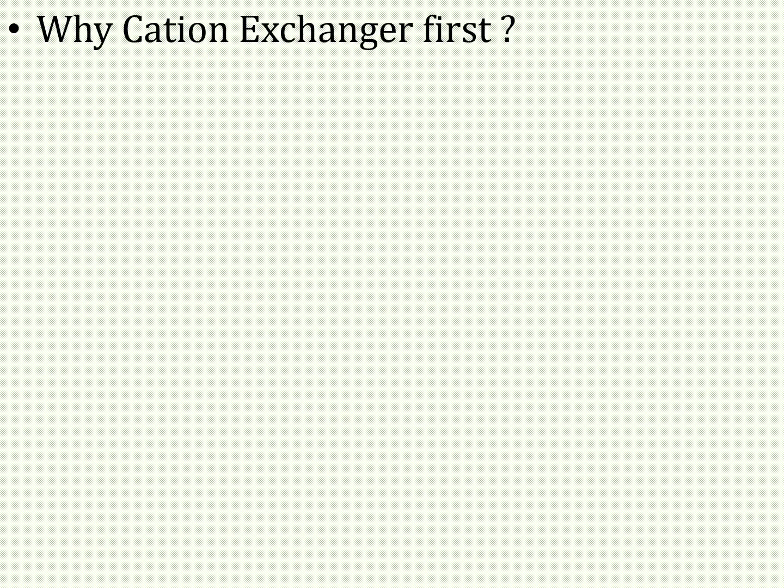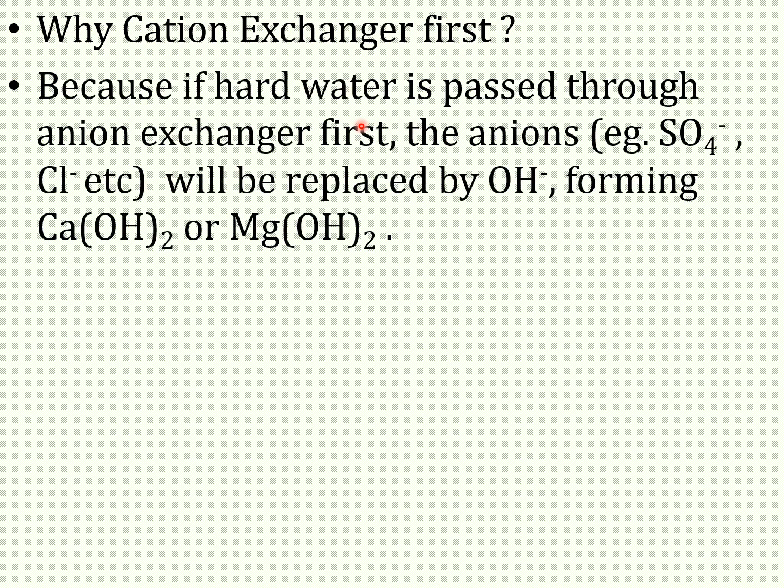Well, here is a question. Why cation exchanger first? You must have already noticed that while using the mixed bed ion exchanger, we pass the water sample through the cation exchanger first and then the anion exchanger. Why this specific order? This is because if we do the reverse, that is, if the hard water is passed through the anion exchanger first, then the anions present in the hard water, like chloride ions or sulfate ions, will be replaced by OH minus ions.